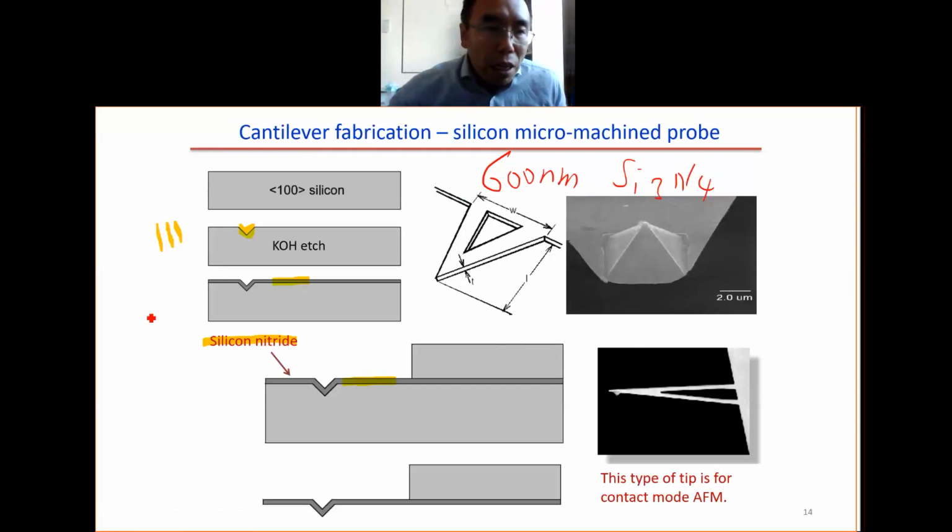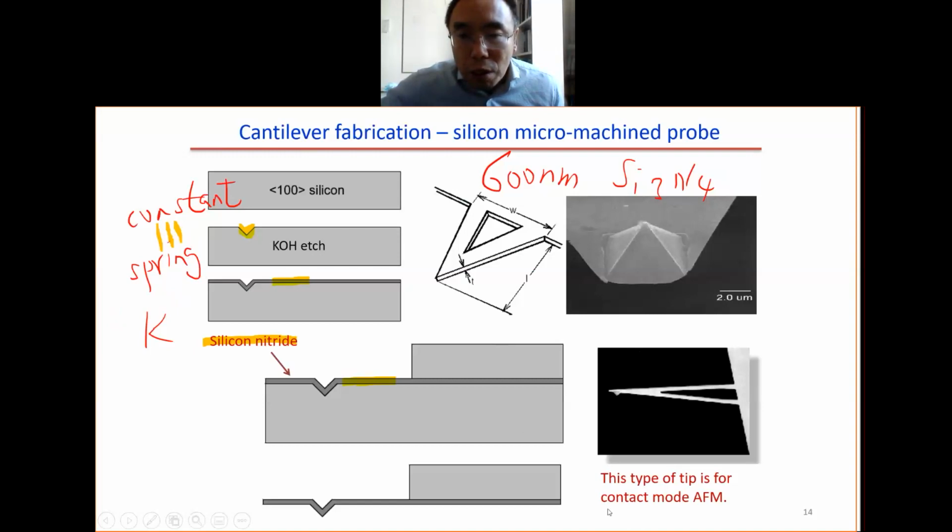If we have a very thin cantilever, you get a very small force constant, a very small spring constant. This is good for the contact mode. For the contact mode measurement, we need a small force, otherwise the sample will be damaged.